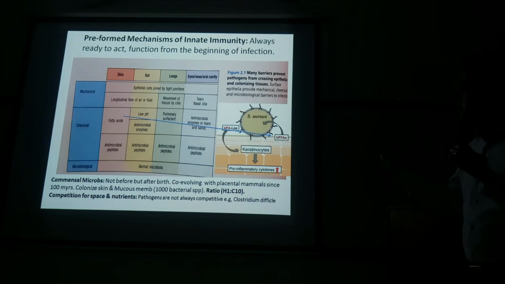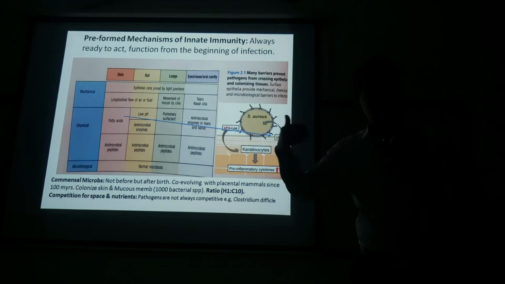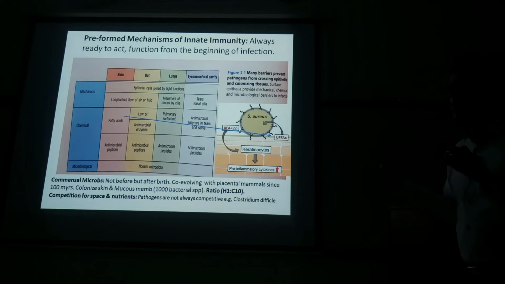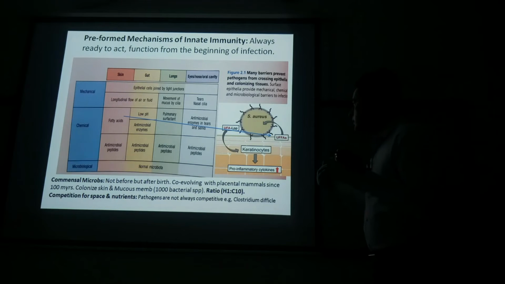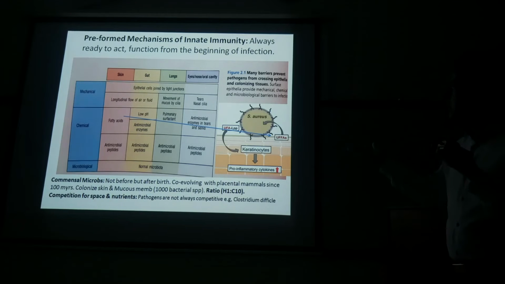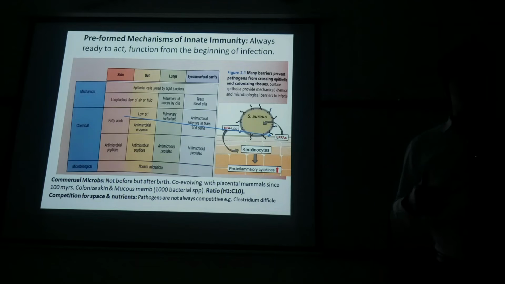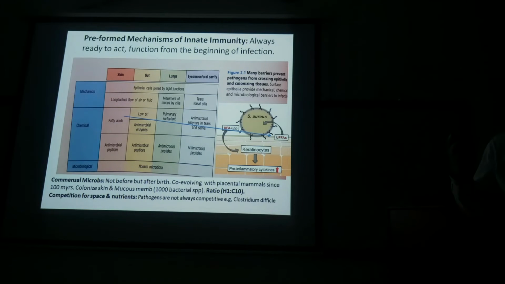The symbiotic relationship benefits not only the human being but also the microbe. The microbe is getting something, and the human also is getting something out of that relationship. So this is called a symbiotic relationship. As I told you, these have been co-evolving with the placental mammals for 100 million years, as people have estimated using different phylogenetic studies.